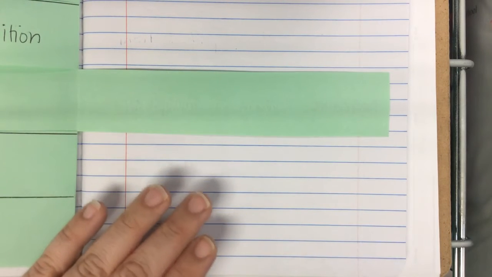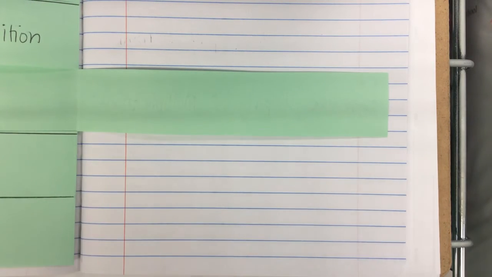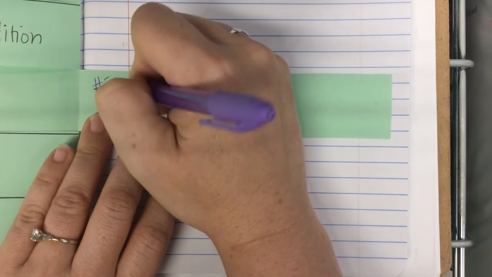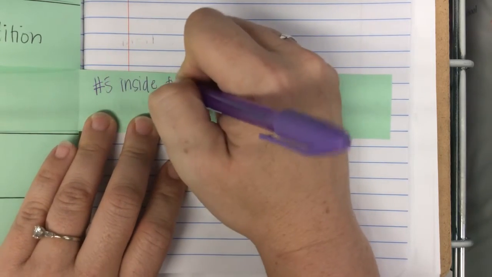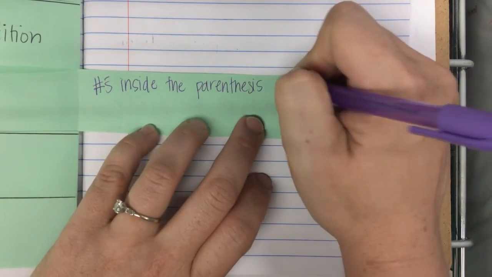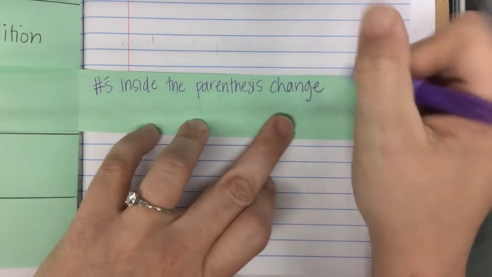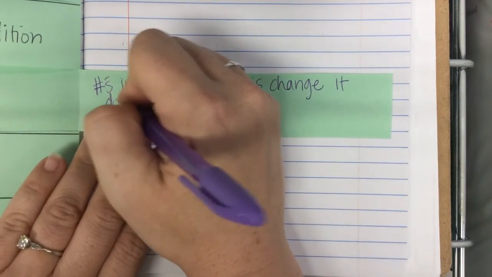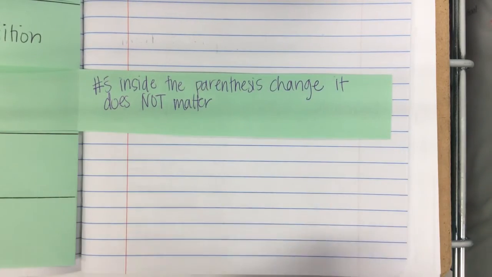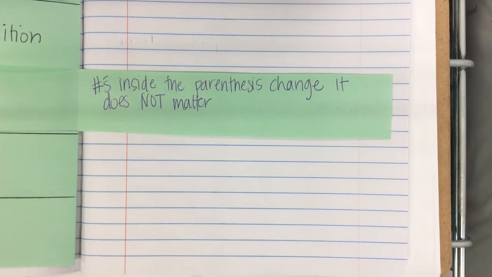Then we slide over. And the associative property of multiplication says if the numbers inside the parentheses change, it does not matter.